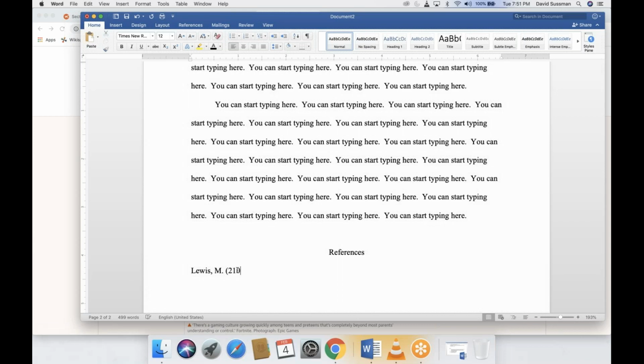Then we put the year 2018, comma, the date, June 20th. We don't put the TH, and we don't abbreviate the month. So for October, we would write out October. Okay? So in this case, it's June 20th, period. And then the title of the article. But here's the thing.